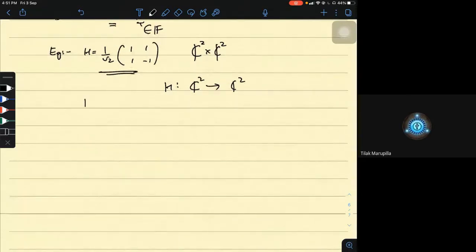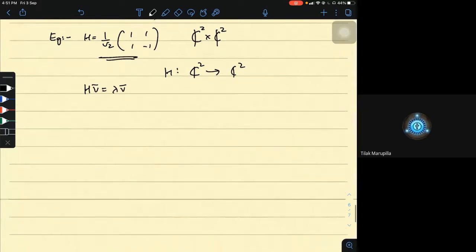So we start off by writing H v is lambda v, where lambda is the eigenvalue. When we take this to the other side, we get (H minus lambda times the identity operator) v is 0. For this to have non-trivial solutions, we need the determinant of H minus lambda I to be 0.